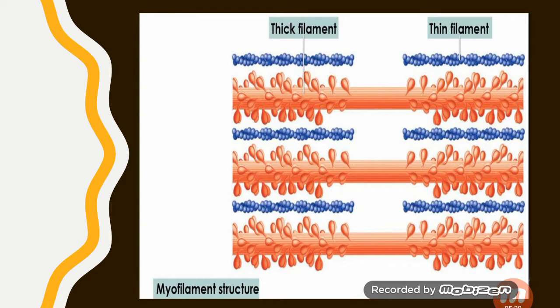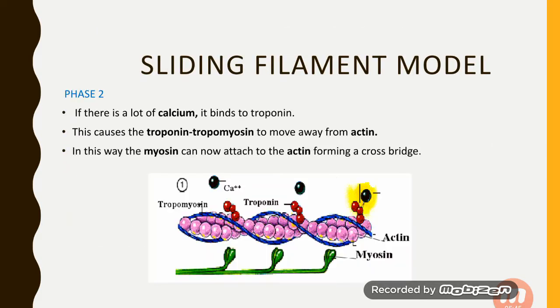Now we will talk about the tropomyosin and the troponin, which are shown here in this diagram. The troponin is shown by the three red beads, and the tropomyosin is shown here in this diagram with the help of blue beads, or the strand which is blue in color.